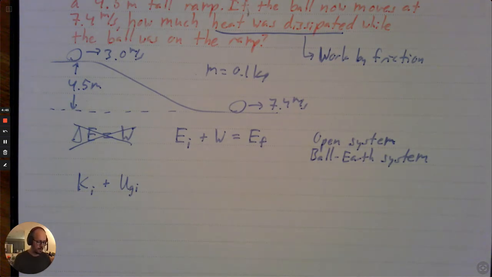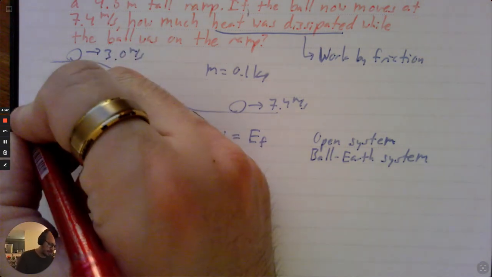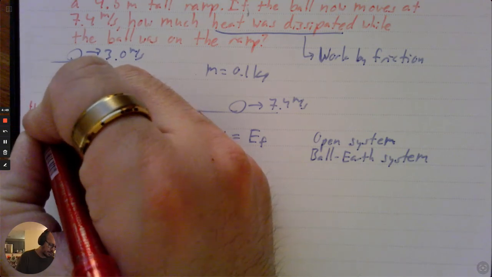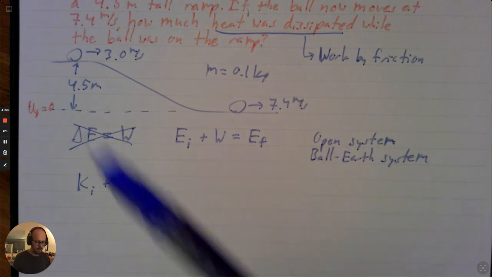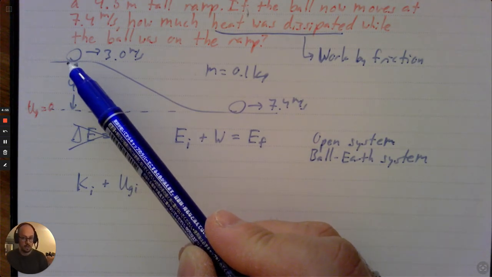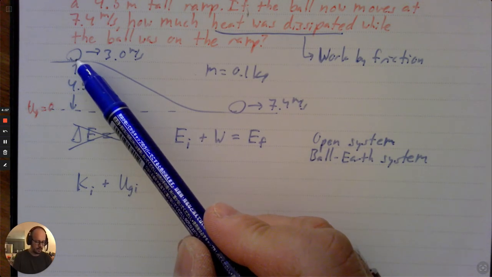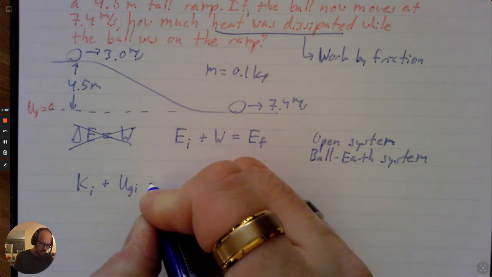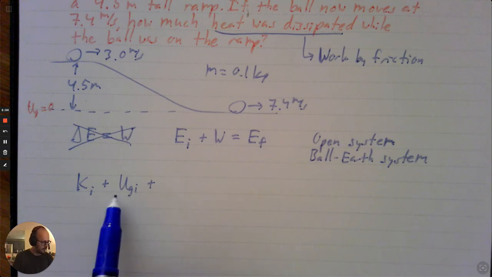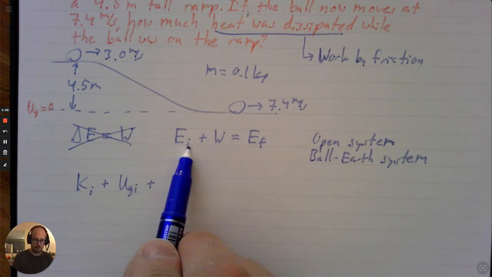I've done this in a couple other problems: I'm basically saying that the lowest part of this picture is where there's no potential energy. So the ball and the Earth store potential energy when they're here, and not when they're there. And so these two things together represent the initial mechanical energy.